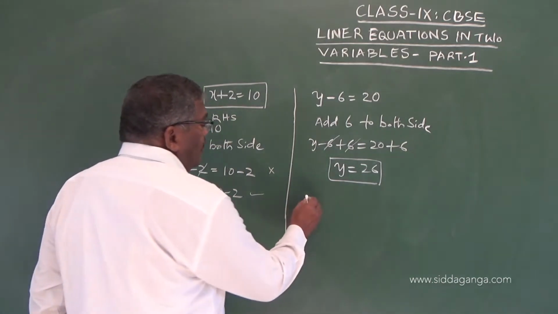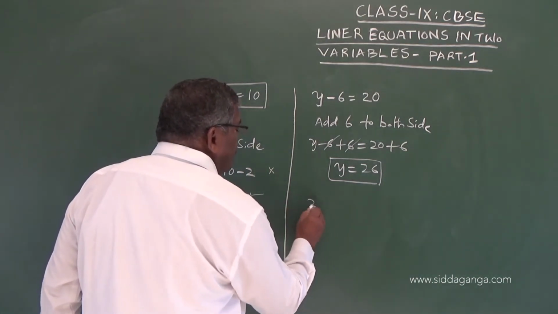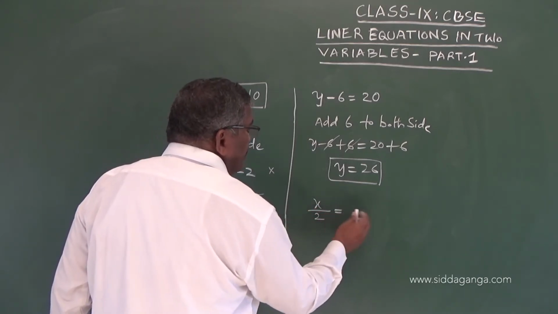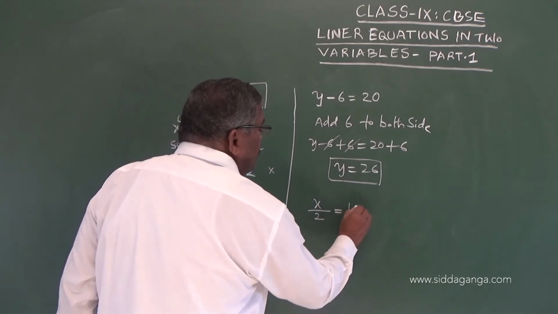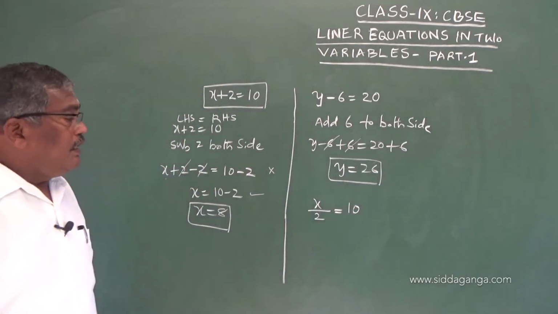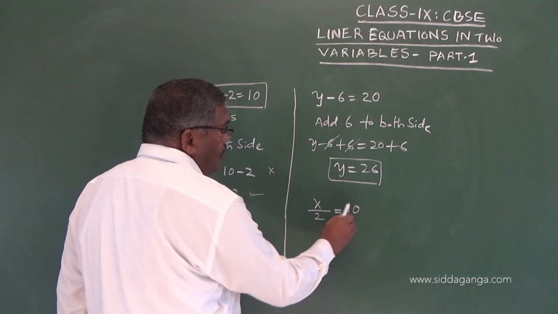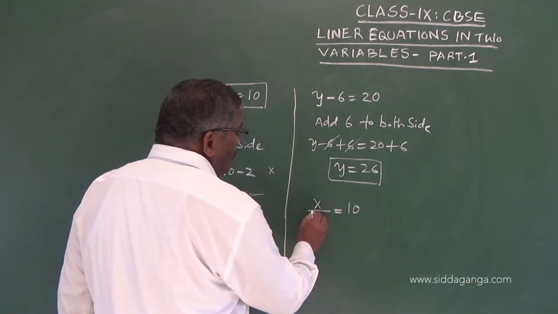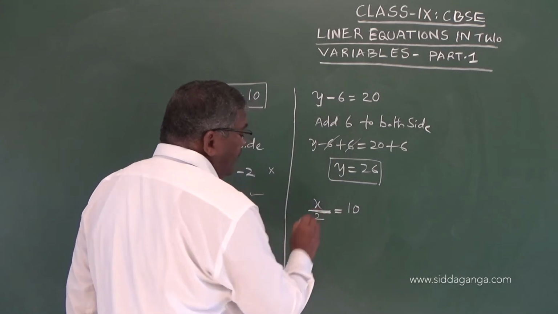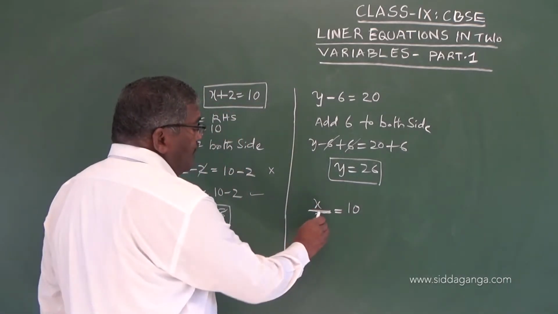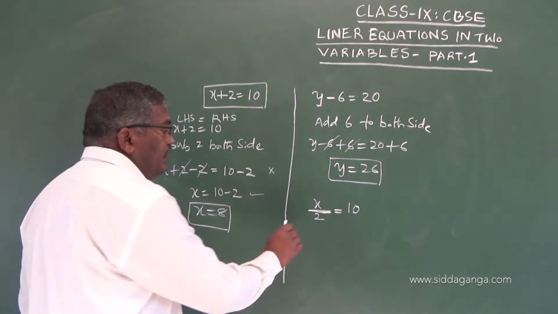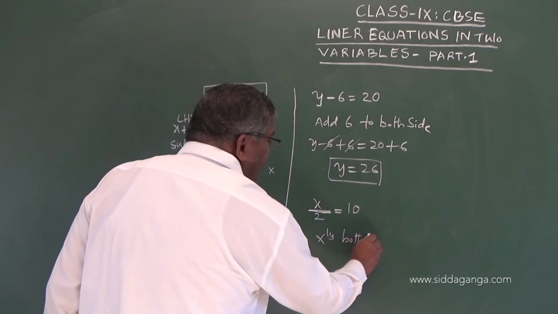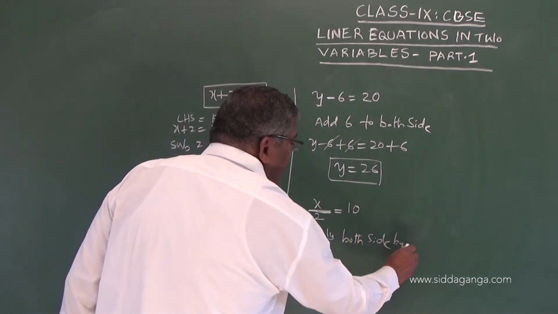Now similarly, if we have, say, x divided by 2 equals 10, let us say. Here we have x divided by 2 equals 10. We want the x value. Here 2 is in the denominator. We want to cancel this 2, so what we do is multiply both sides by 2.